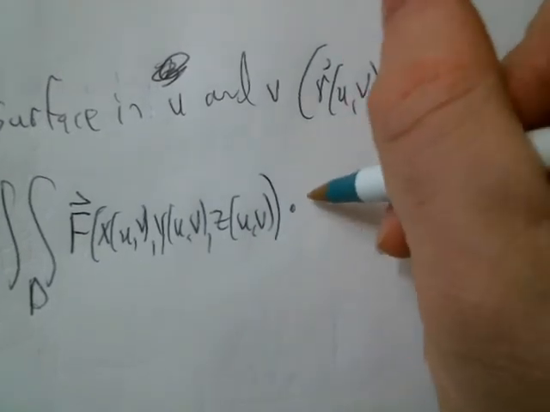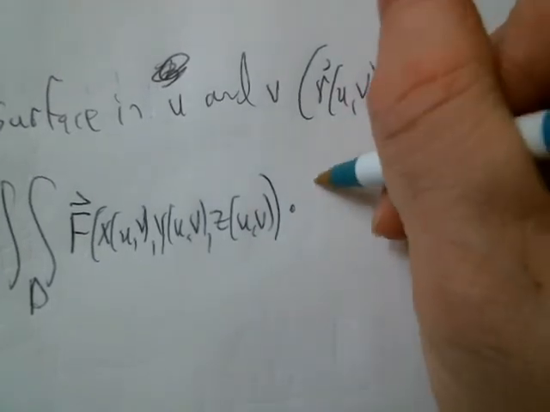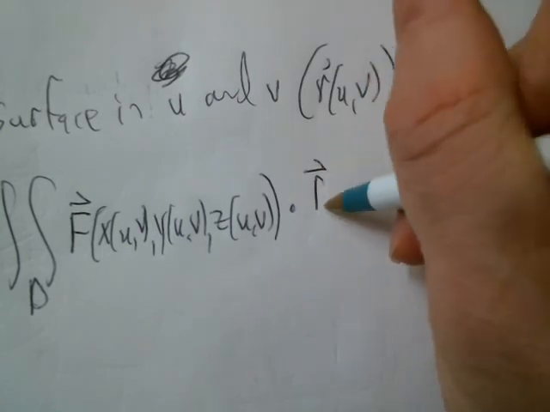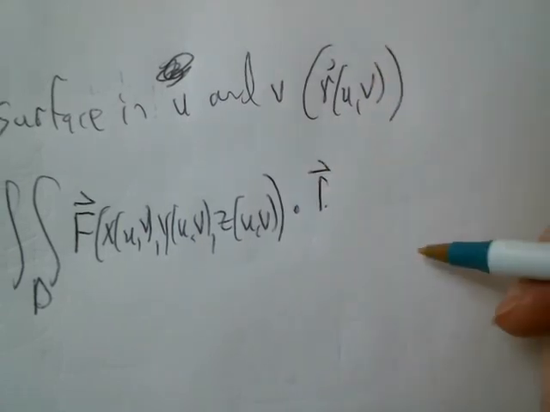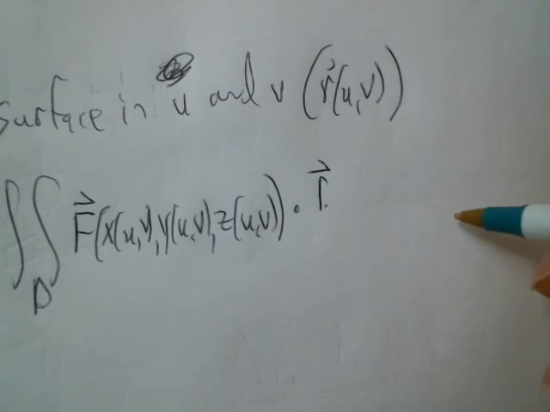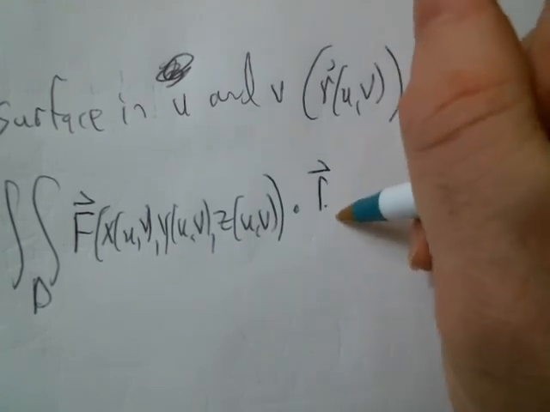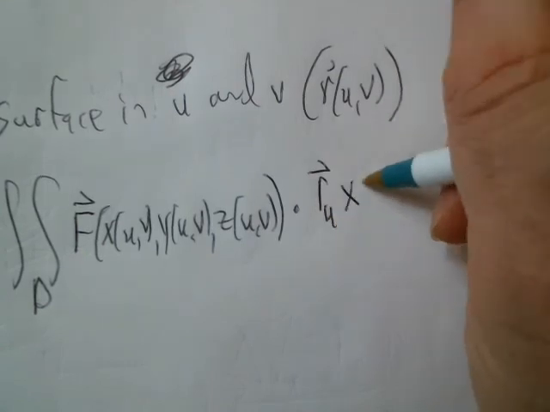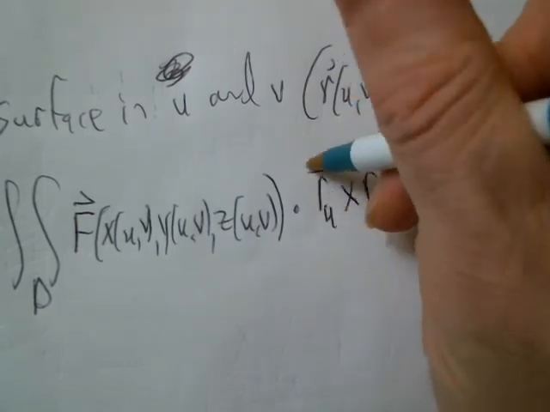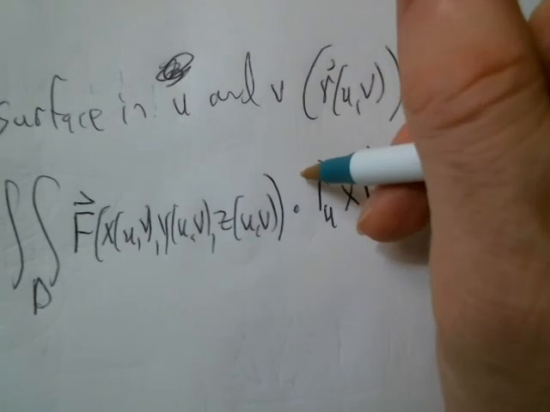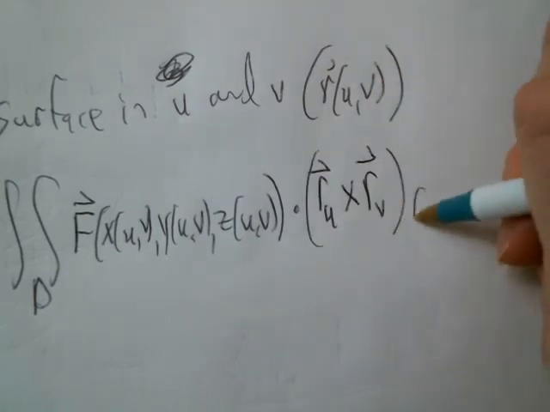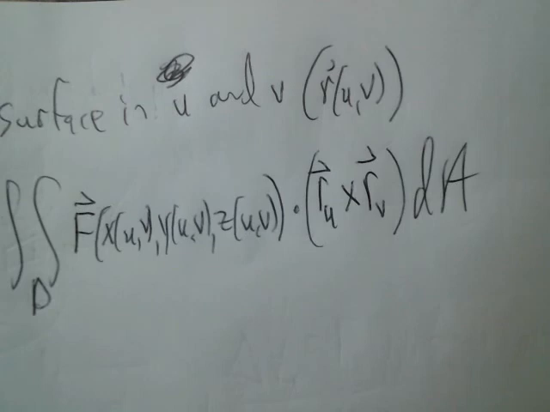In this context, the normal vector is just a cross product over the magnitude of the cross product, times the magnitude of the cross product dA. So those magnitudes will cross out, and we're just left with RU crossed RV, multiplied by this area element dA.